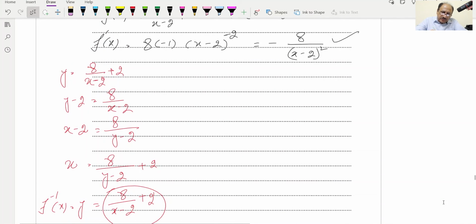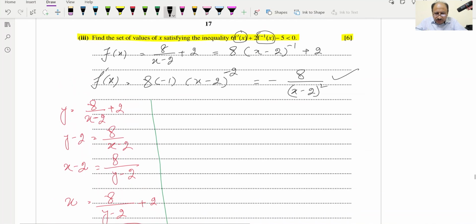Now in this given equation, which is 6f dash of x plus 2f inverse of x minus 5 is less than 0, we will replace the values.